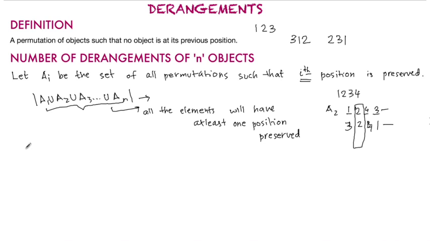Now the number of derangements is the total number of permutations minus this set A1 union A2 up to union An. What is the total number of permutations for n objects? It is n factorial.